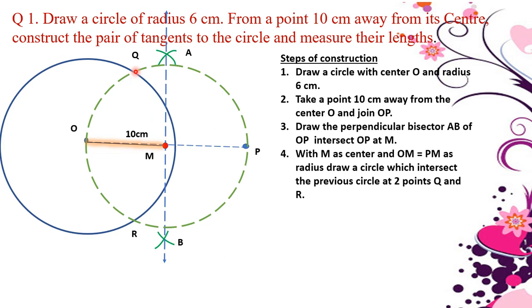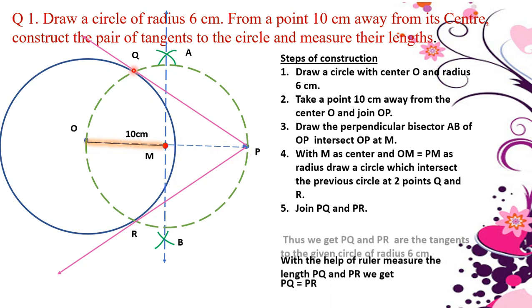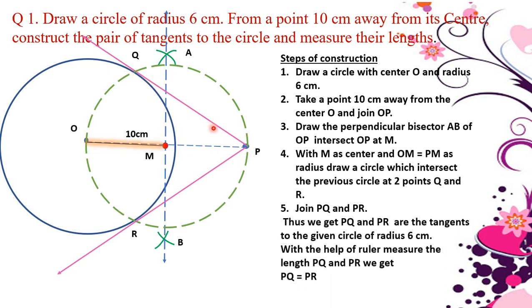When we join Q to P and P to R, we get the pair of tangents. Here we measure the lengths of the tangents PQ and PR, and when we measure with the help of a scale, we get that the length PQ and length PR are equal.